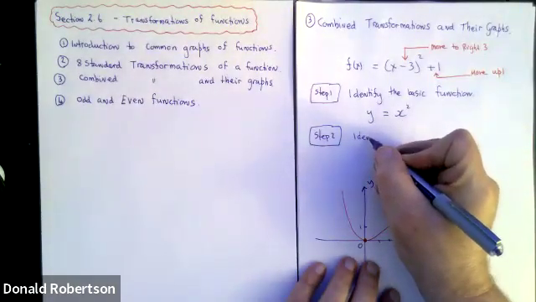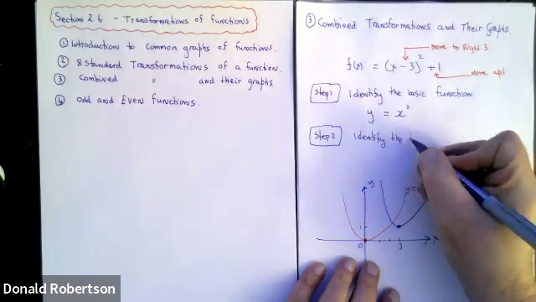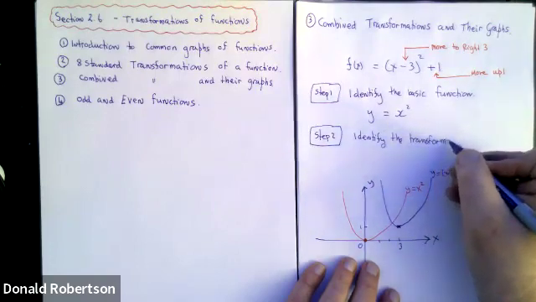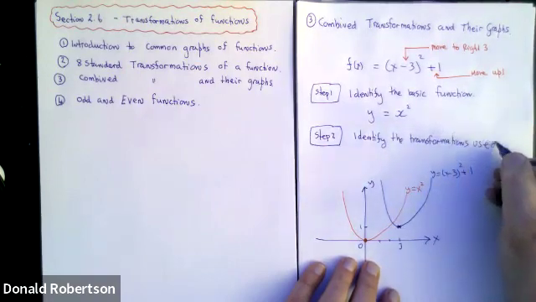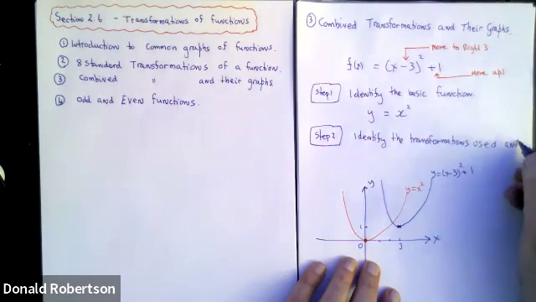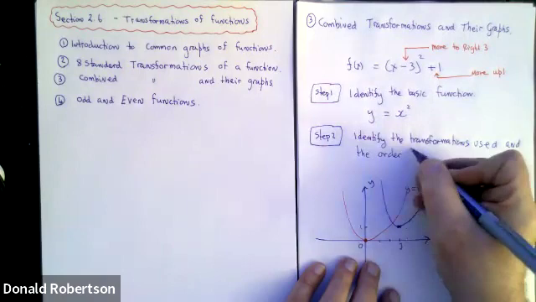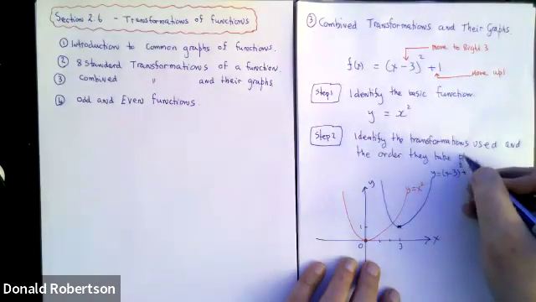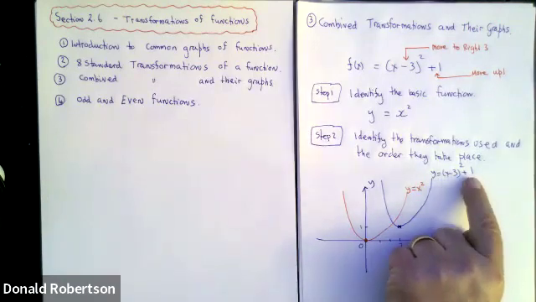Identify the transformations used and the order they take place. Well, what is the order, right? Well, there's two things. You move it to the right 3 and you move it up 1.